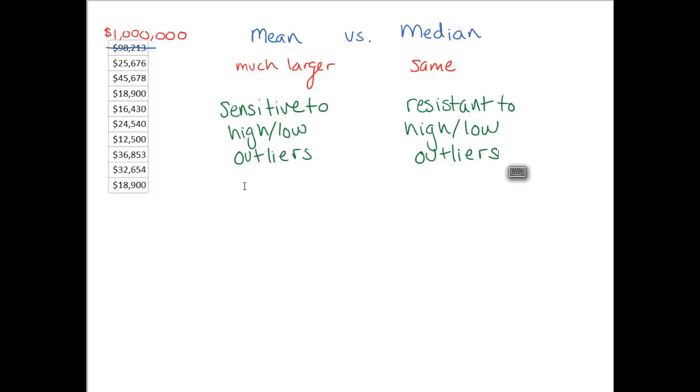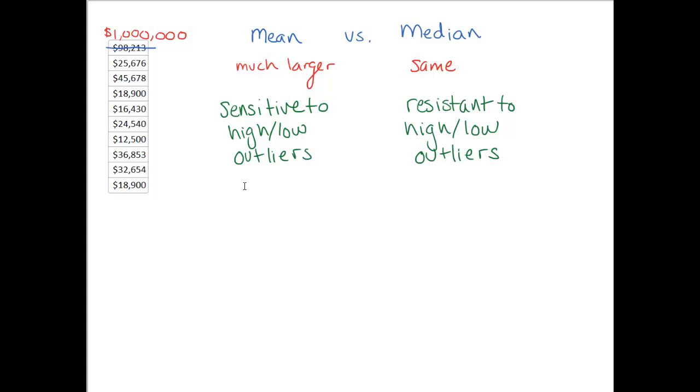And sometimes you would want these high or low outliers to count, and sometimes not. Often if you see statistics about income in the US for families, household income, it's typically the median that is used because we don't want to have a few very, very high incomes to influence our average or our measure of center.